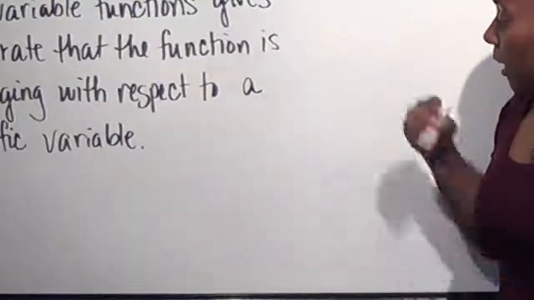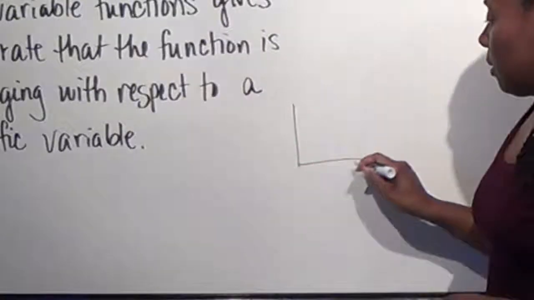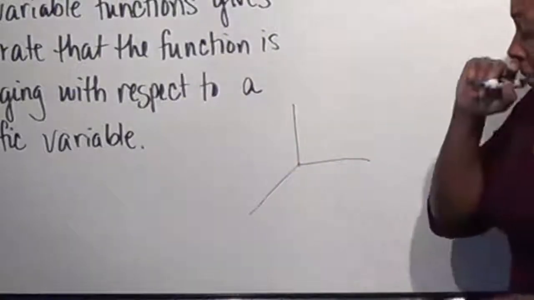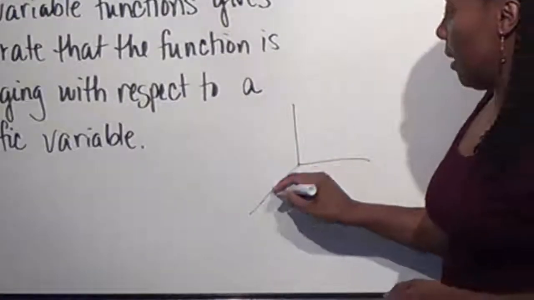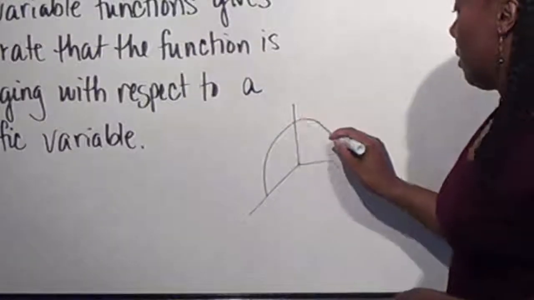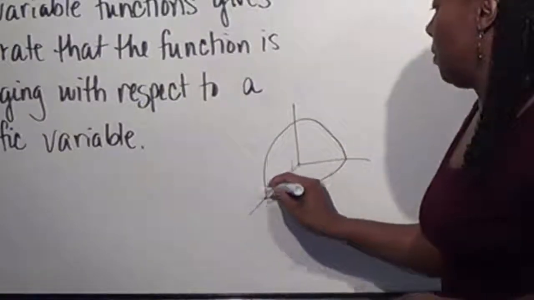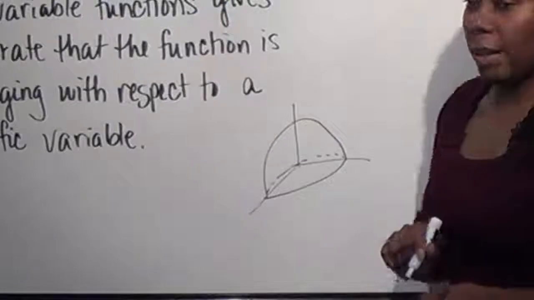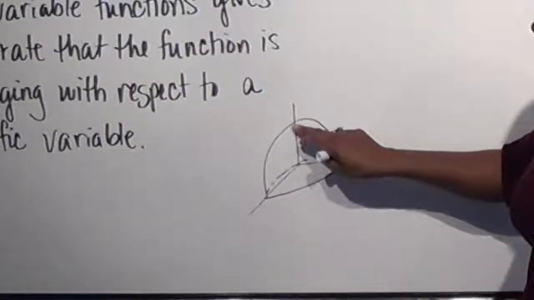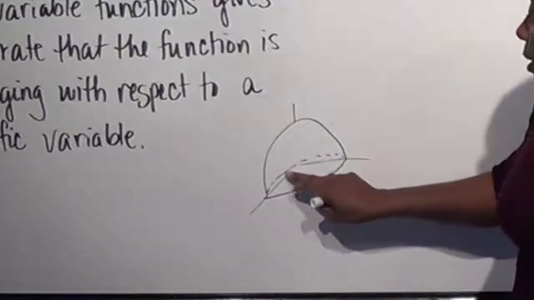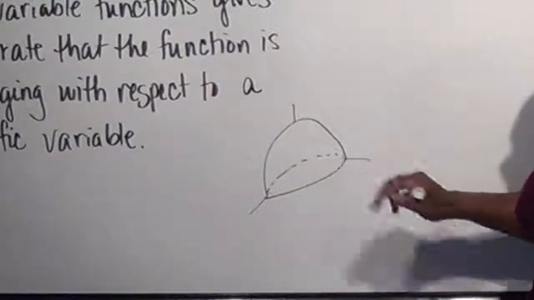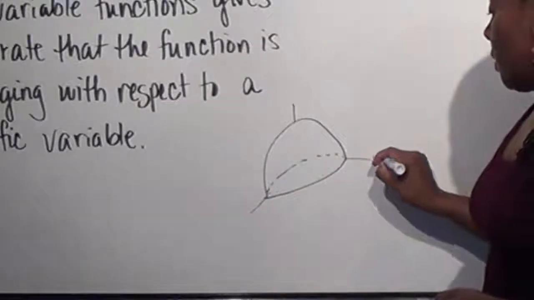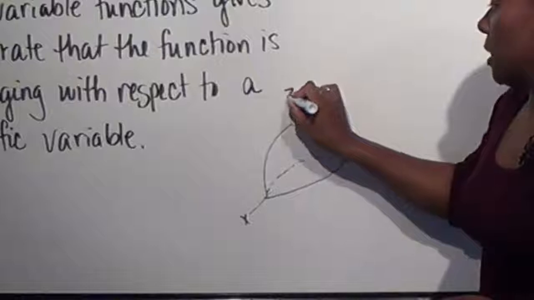The best way to think about this is if I'm looking at a three-variable picture, whatever my graph is, I'm going to pick a nice simplified one. Let's look at an upside-down bowl. I'm going to get rid of these lines so it's easier to see. Here's my y, here's my x, and here's my z.